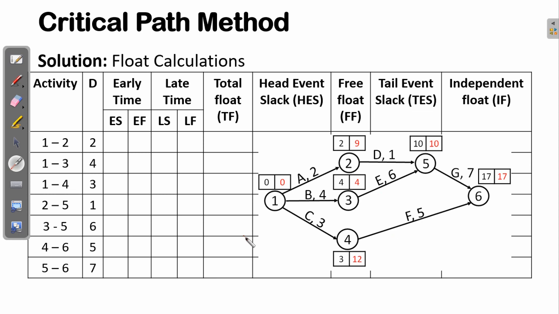Now for simplicity, let's fill in this information. This is the earliest finish time. We pick this earliest finish time from this node. Remember, for activity A, the earliest finish time is 2. For activity B, which is 1, 3, the earliest finish time is 4. For activity C, which is 1, 4, the earliest finish time is 3.